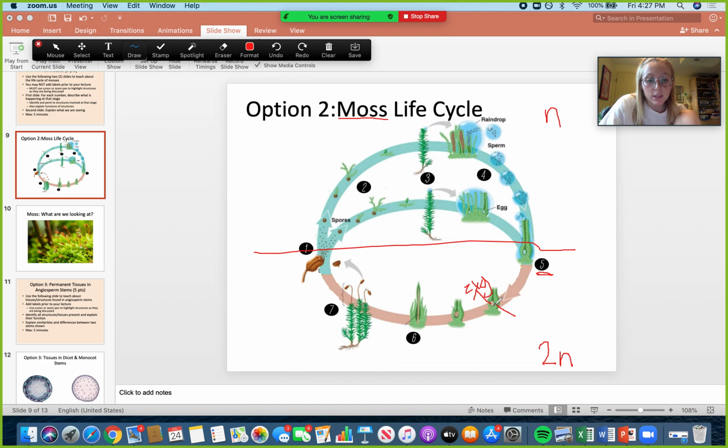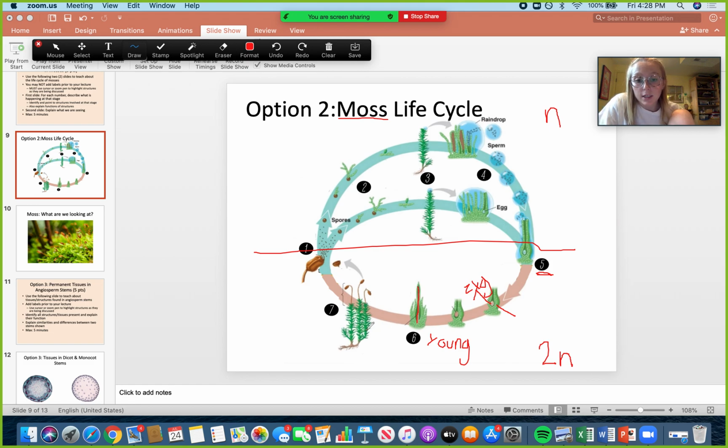So the zygote is going to mature and divide into a young sporophyte, which is this stalk-like structure that's starting to poke out of the archegonium.